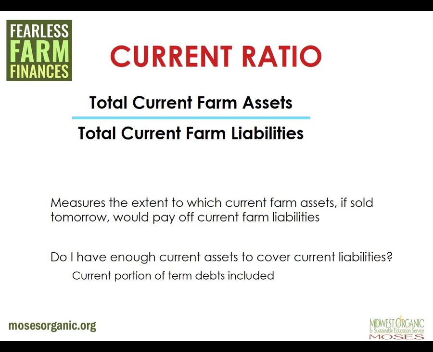And keep in mind, current liabilities include your current portion of your term debts. What that means is that the principal payment that you're going to be making on your loans is a current debt, meaning it's due within the year. And so that's why that part of it would be included in our current liabilities.